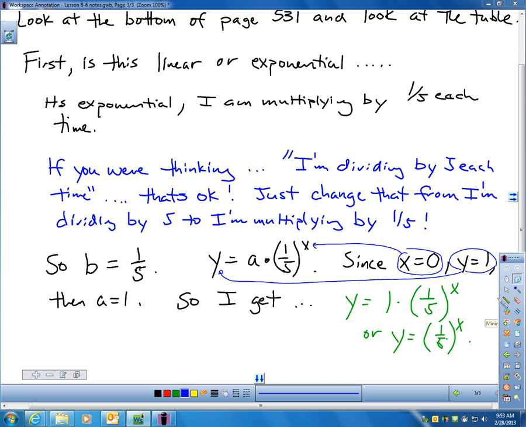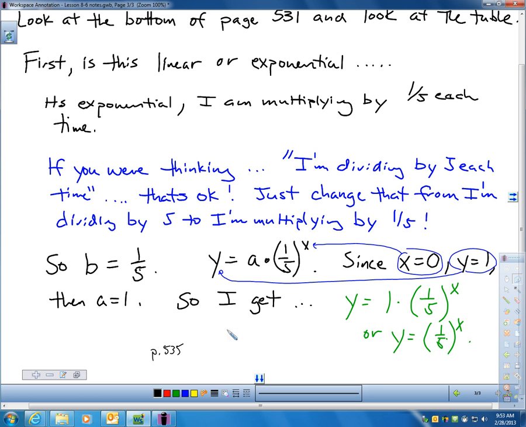The questions you're going to work on are going to be the same kinds of questions that you did back in section 8.5. 8.5 was over growth, 8.6 is over decay. So if you look on page 535, you're going to see the same kinds of questions. Like if you look at numbers 3 to 6, they're going to ask you to write a rule for the table if it's exponential.